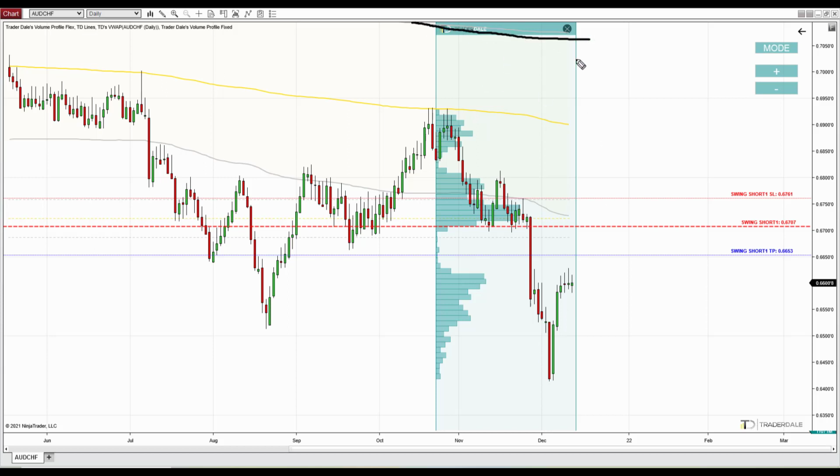Those three lines, those gray lines, and this yellow line, that's my VWAP indicator. And what we want to look at is those gray lines. I like to use them as a combo with the volume profile, and they should work as a strong resistance when the price hits them.